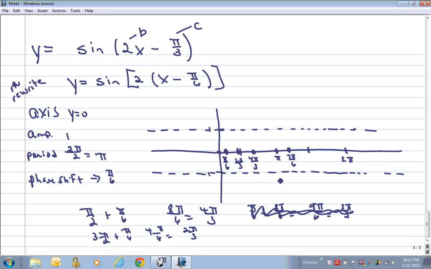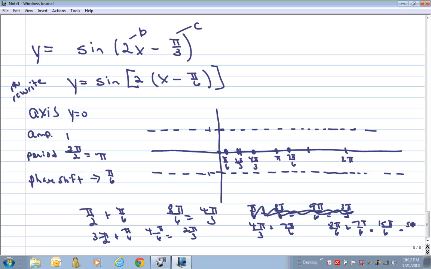And then we're going to have to be halfway in between 4 pi over 3 and 7 pi over 6. So 4 pi over 3 plus 7 pi over 6. Well, when we convert this, that's going to be 8 pi over 6 plus 7 pi over 6, which is 15 pi over 6.